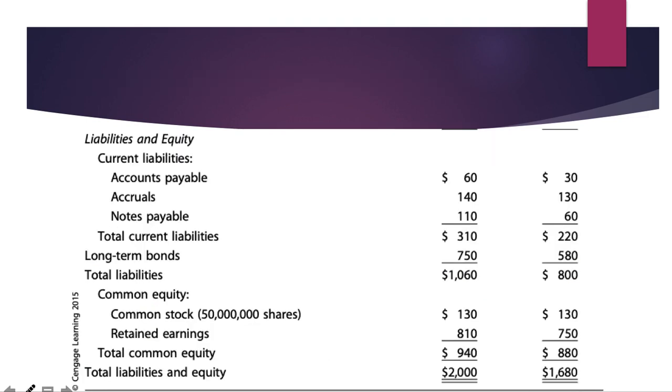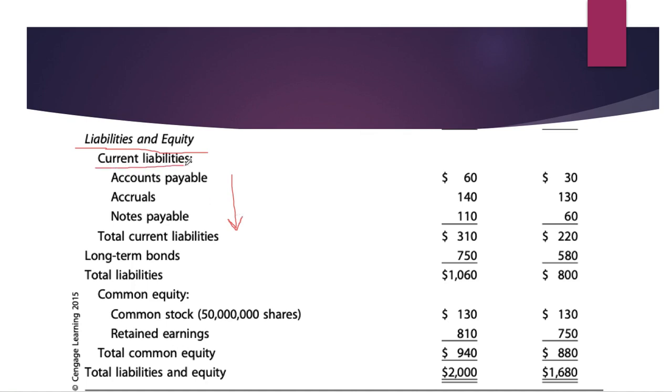And on the other side of the balance sheet, we have the liabilities and equity. And we have current liabilities. Again, these are starting from the most immediate, most short-term liabilities towards longer-term liabilities are listed on this side of the balance sheet.